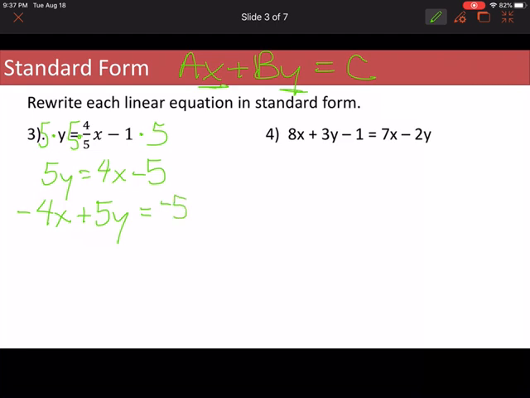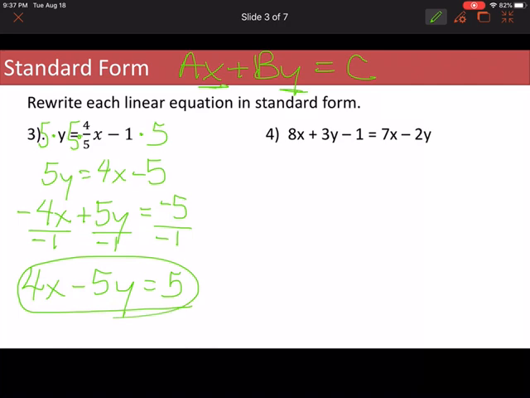So I'm looking at it and asking, is it what I said? There's no fractions or decimals, but A is negative. I don't want that, so I'm going to divide everything by -1. It's equal, so what you do to one, you have to do to all of them. Negative and negative and positive. And there you are, standard form.